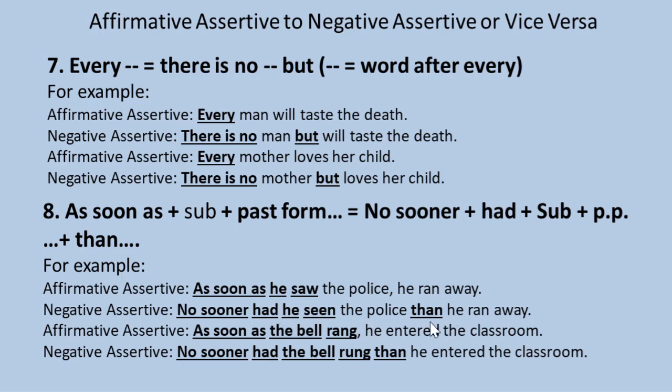No sooner always follows then, as a follows then. As soon as subject past form, no sooner had subject past participle then. So here instead of comma we use then. No sooner always follows then.